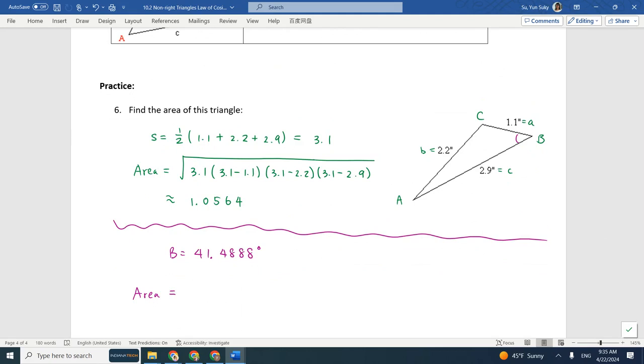A and C, right, everybody? So we use 1/2 AC sine B. Okay? And what is A? 1.1. What is C? 2.9. And angle B? 41.4888. So put this in your calculator. What's your answer? Let's do 4 decimal places.